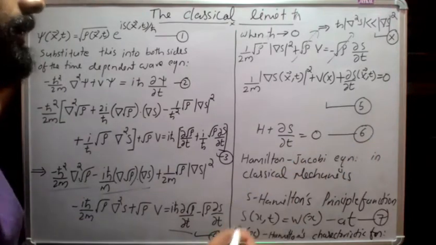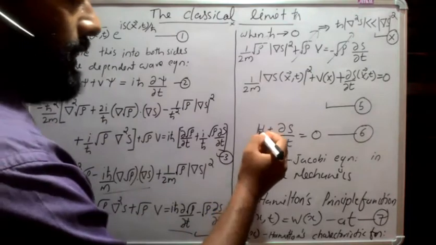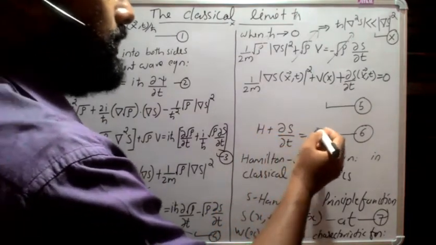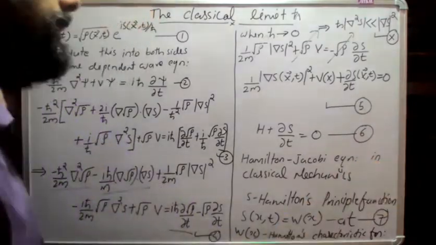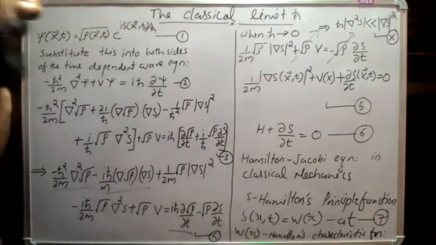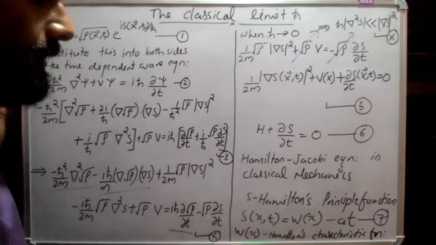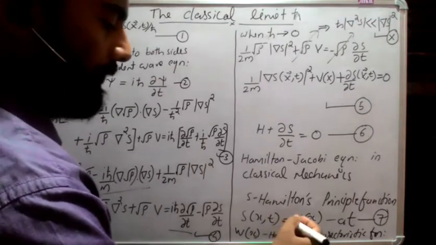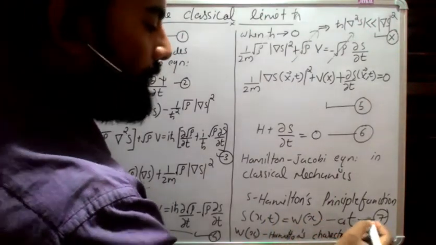For a while, let us go to classical mechanics. The Hamiltonian H plus dou S by dou t equal to 0 is the Hamilton-Jacobi equation in classical mechanics, where S is Hamilton's principal function. S is a function of x and t, and it can be written as W of x minus E t.